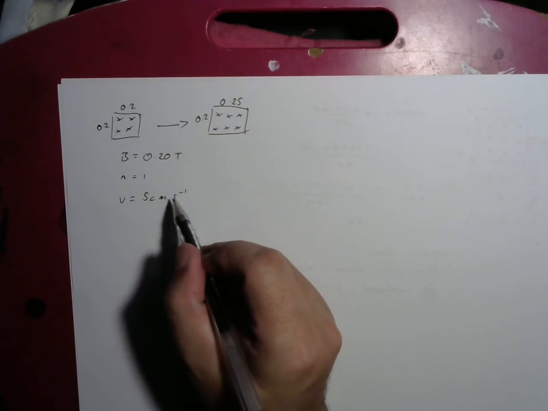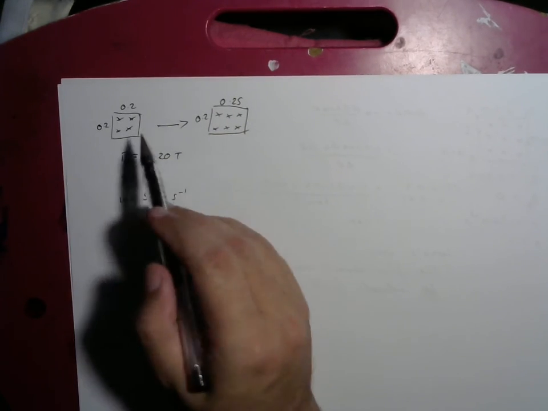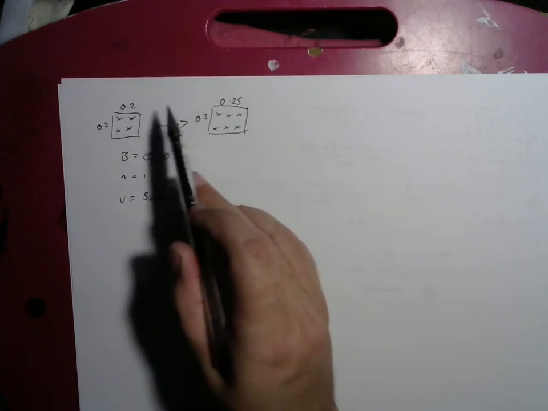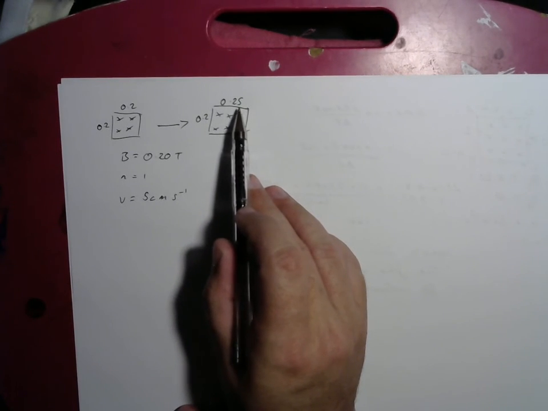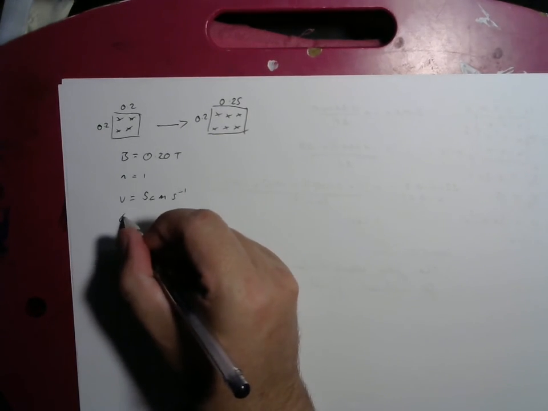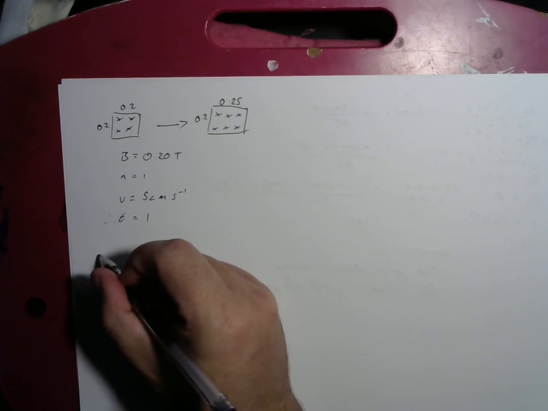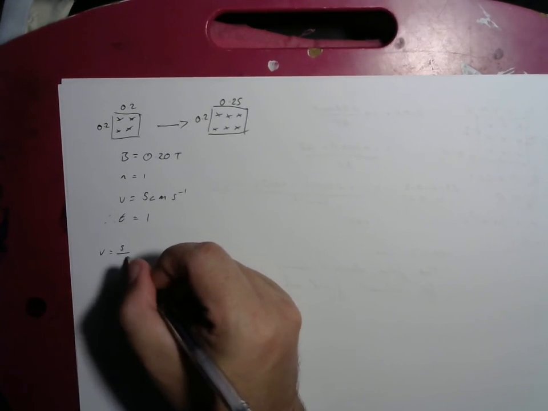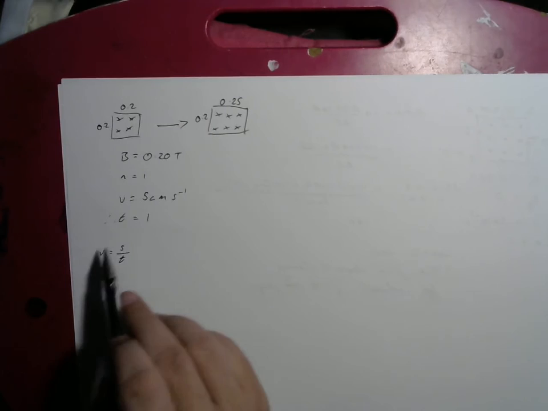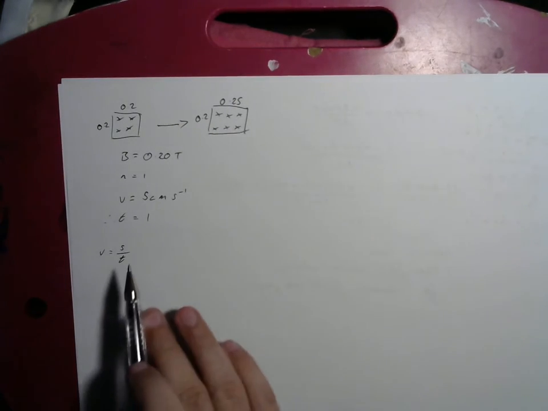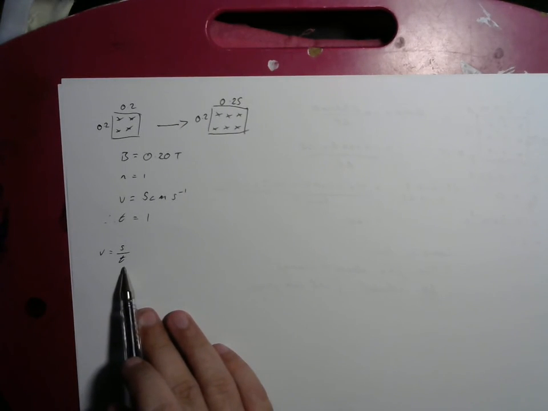Alright, so 5 centimeters per second. Well, this has gone from 0.2 meters to 0.25 meters. So that's 5 centimeters, isn't it? So the time that it takes must be equal to 1. Now, remember, velocity equals displacement over time. We've got velocity, we've got the displacement of 5 centimeters. We can work out the time from that.